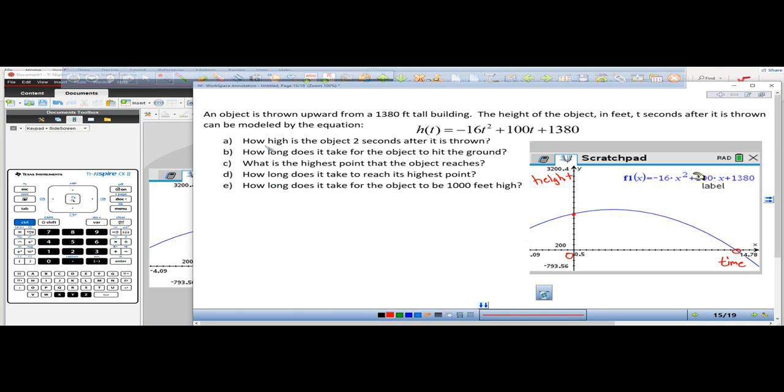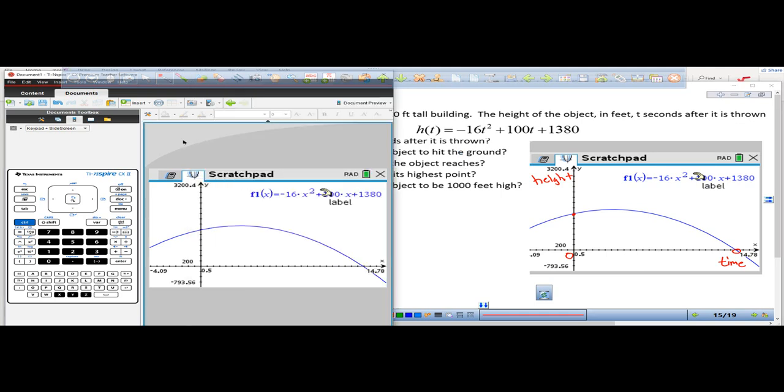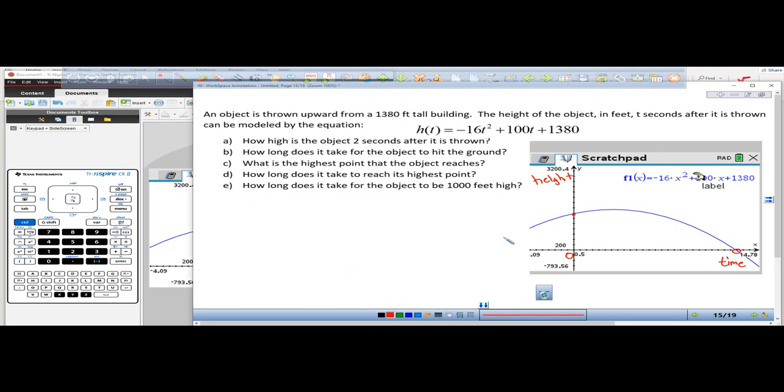Part A says, how high is the object 2 seconds after it is thrown? Once you've already graphed this, what you're trying to find is the height after 2 seconds. This is the notation that we use to represent that. So the height after 2 seconds is going to be equal to. Now, you have a choice. You can take 2, plug it in here and here for t, and just work it all out if you want.